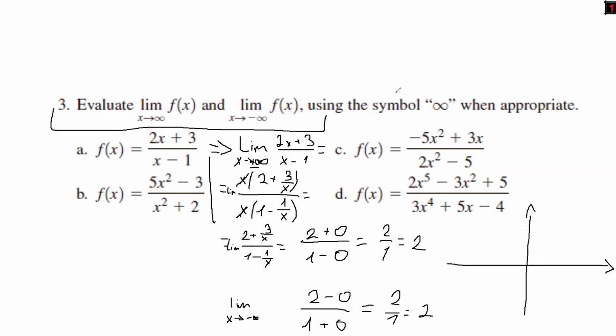Wait, so for this step here, did you just sub in negative infinity? Yes, for this one I substituted x for infinity. It doesn't matter which one, negative or positive. As you can see in this case, if we divide by infinity, it doesn't matter, because if you divide any constant number by infinity, it's going to result in 0. It's going to be a really small number close to 0 from either the positive or negative side.